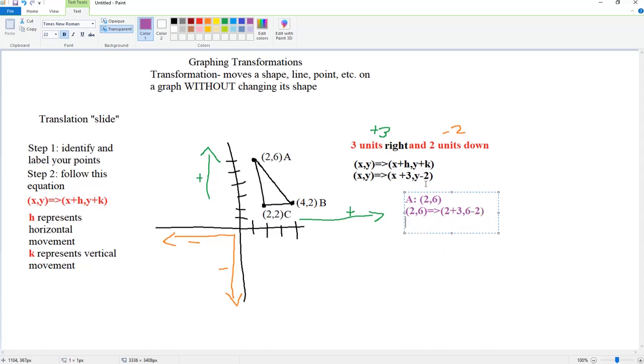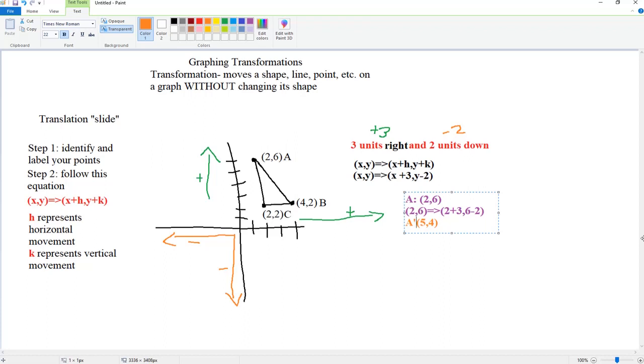So then you end up with your new ordered pair, which I will do in orange. Why not? Your new one is 2 plus 3 is 5, and 6 minus 2 is 4. So that's your new point. For every time that you do a transformation, you're going to rewrite your point and put a little mark on top.